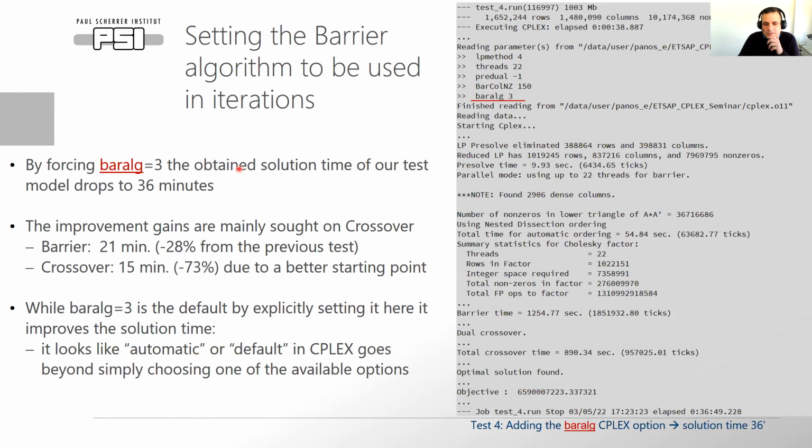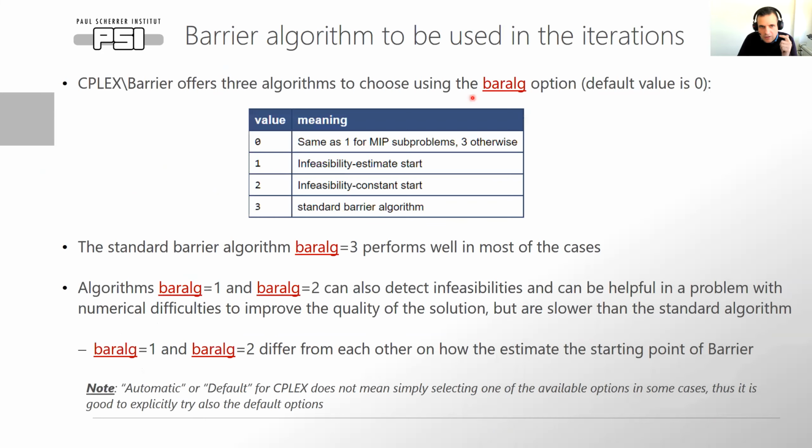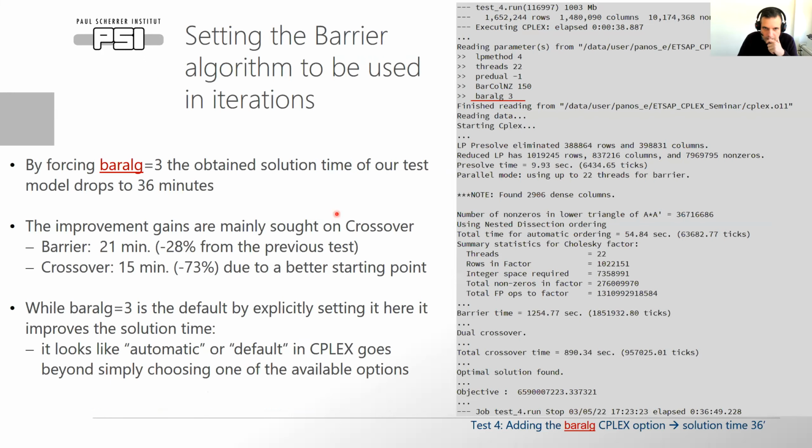After testing in this model, we see that by forcing bar-alg 3, although according to the manual 3 is the default option, the solution time goes to 36 minutes. So we have a tremendous reduction here.